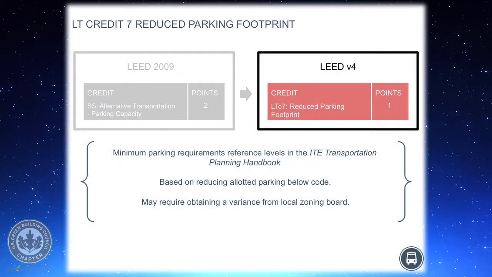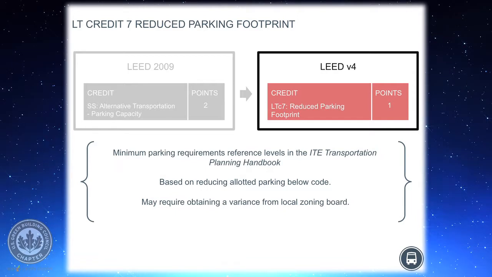The reduced parking footprint credit is more of a major change. We've changed this credit up quite a bit, so you cannot earn the credit anymore through simply not adding any new parking. We're now looking at the Institute of Transportation Engineers Transportation Planning Handbook, and the way the requirements work is essentially projects need to specify a number of spaces that often fall below a local or regional code.